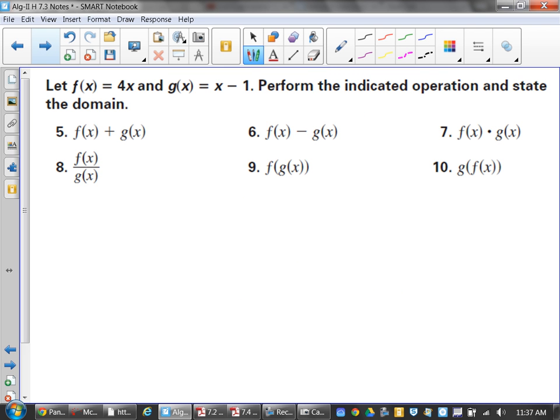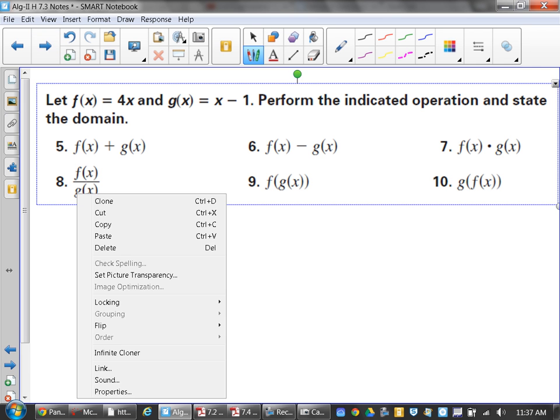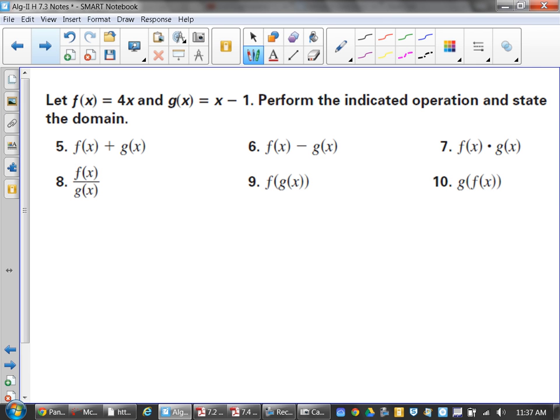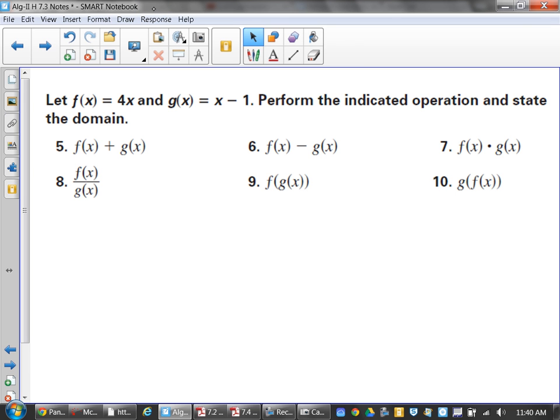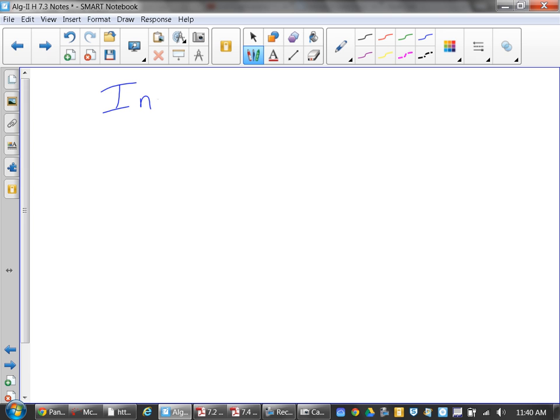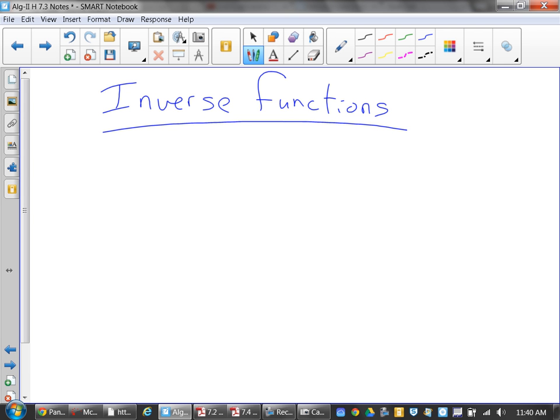Try a couple of these real quick. I'm not worried so much about domain today. We'll worry more about domain stuff tomorrow. But the reason we use these things is that you can use what are called inverse functions. This is the 7-3 and 7-4 stuff.